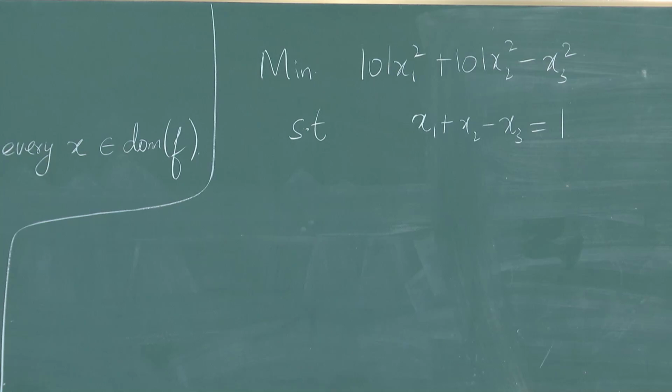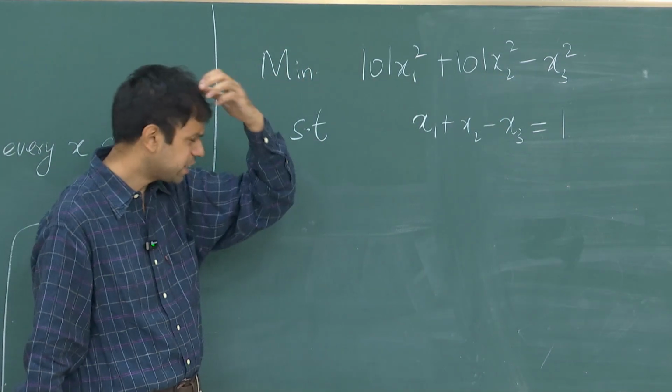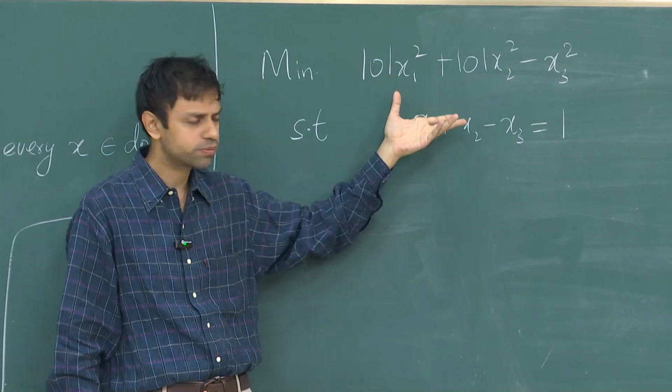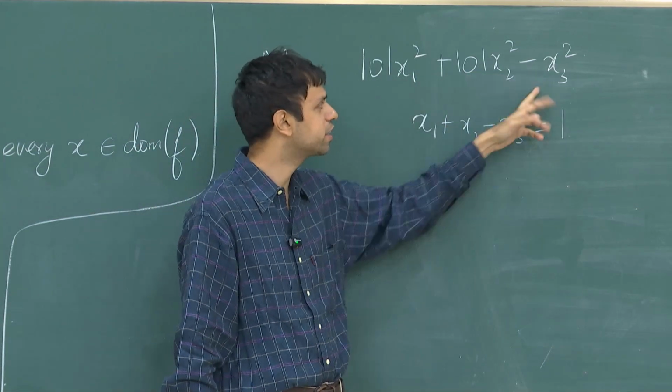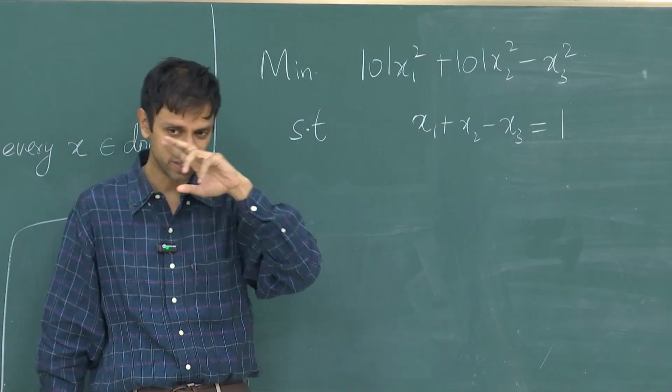Now this is a QP, or a quadratic optimization model, and if you were to decide which solver to use, you may just look at the quadratic function in the model and say that this is non-convex, because the Hessian has a -1 on the diagonal, okay.